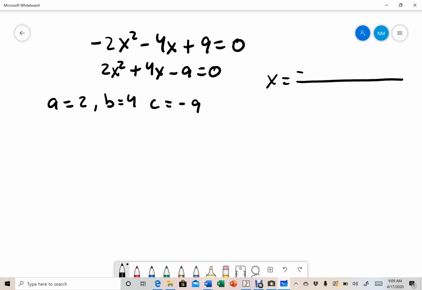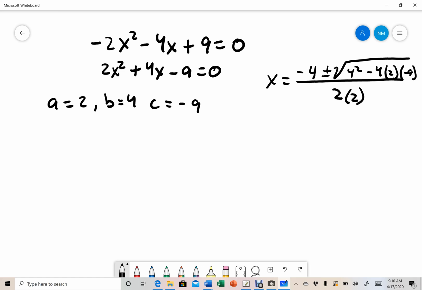So negative b, which is 4, plus or minus the square root of b squared, which is 4 squared, minus 4 times a, which is 2, and c, which is negative 9, over 2 times a, which is 2. So I would just take these values and plug them in after I've changed my signs so that my a is a positive.